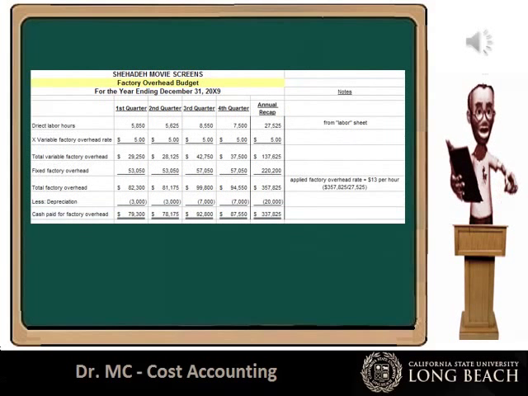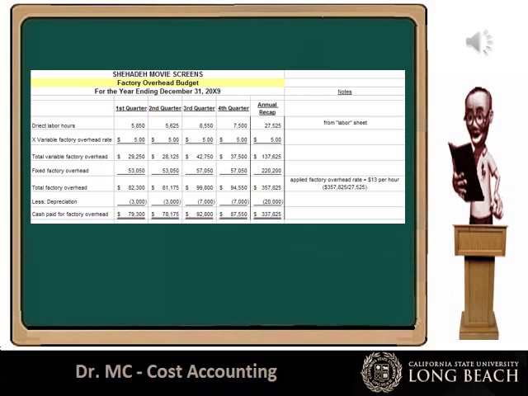This slide shows you the factory overhead budget for your firm. This budget starts with the direct labor hours that you calculated in the direct labor budget. Based on this number, it calculates the firm's variable overhead. You then add the estimated fixed overhead to get the firm's estimated total overhead.